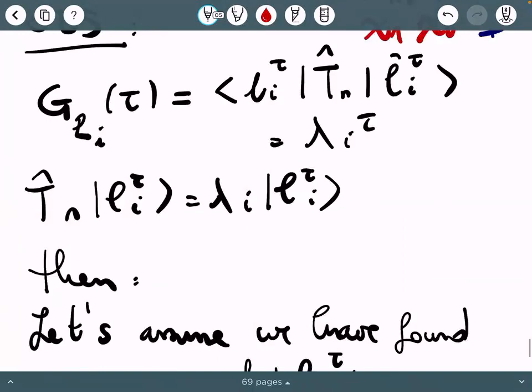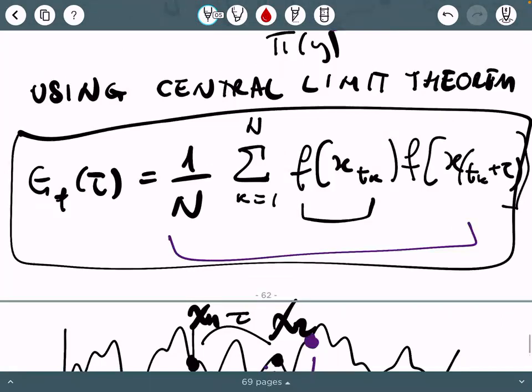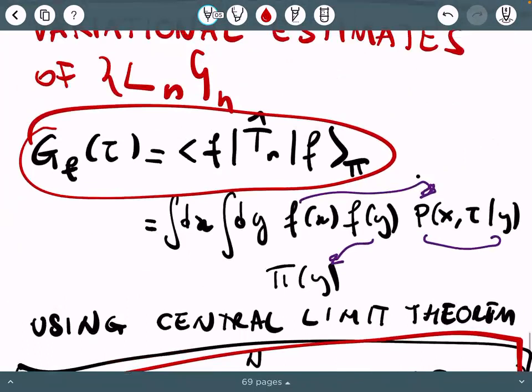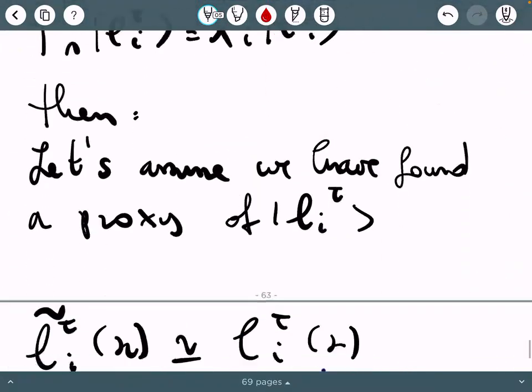So the time correlation function can be evaluated from simulation. So from simulation, we can obtain matrix elements, if you want, in some functional basis of the transfer operator.